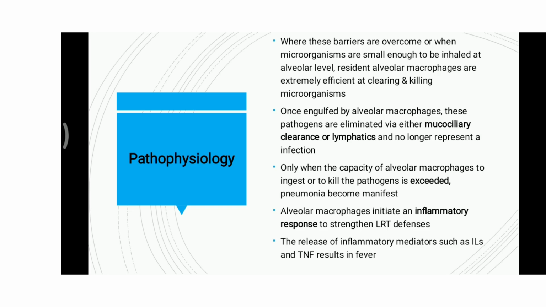Only when the capacity of the alveolar macrophages to ingest or kill the pathogens is exceeded, that is, all four barriers are overcome and the alveolar macrophages are not working properly, does pneumonia become manifest, meaning the symptoms of pneumonia come into the picture. The alveolar macrophages initiate an inflammatory response to strengthen the lower respiratory tract defenses.